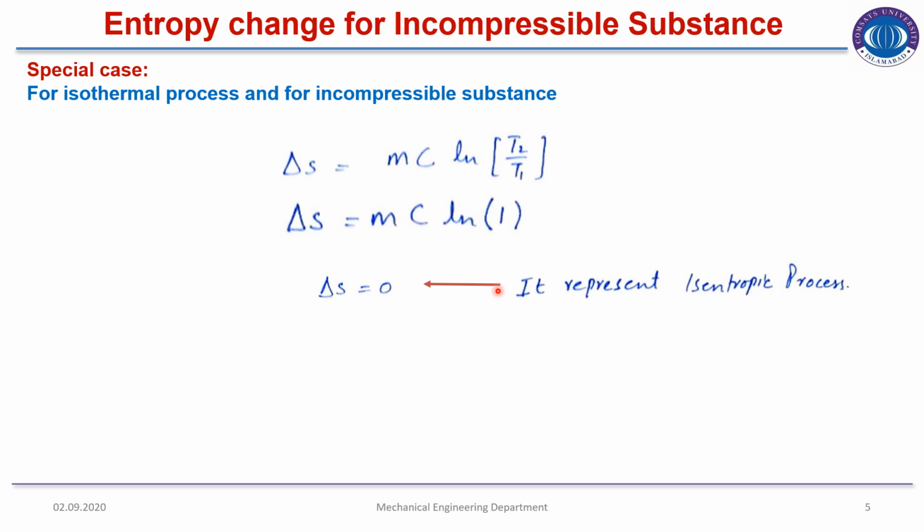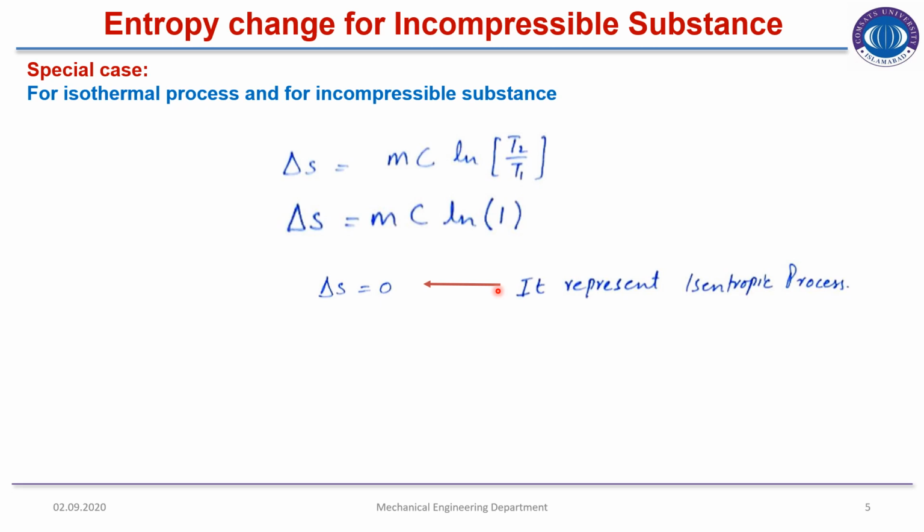You might remember a point in the previous lecture where it says that all reversible adiabatic processes are isentropic processes, but not all isentropic processes are reversible adiabatic processes.